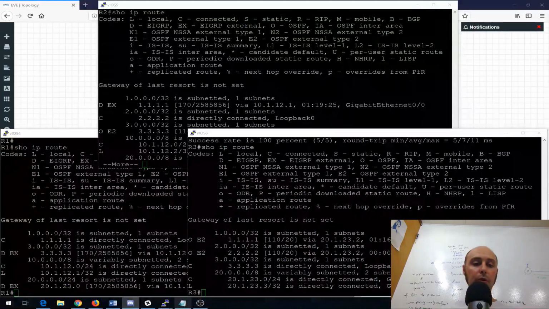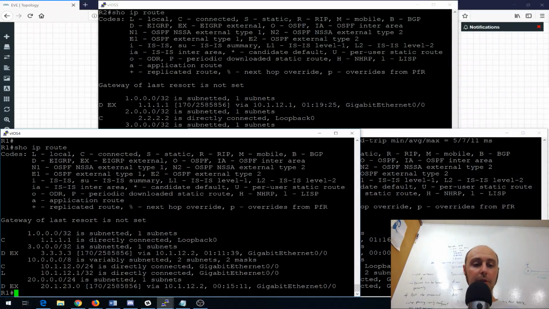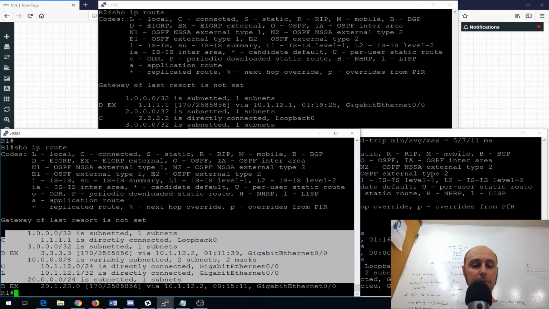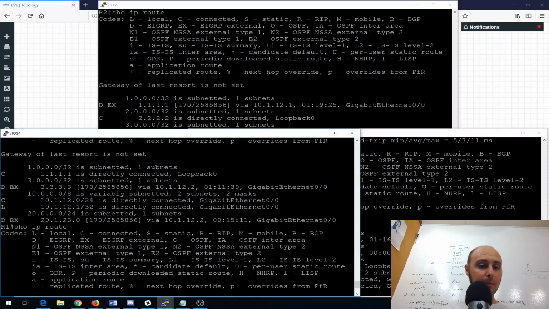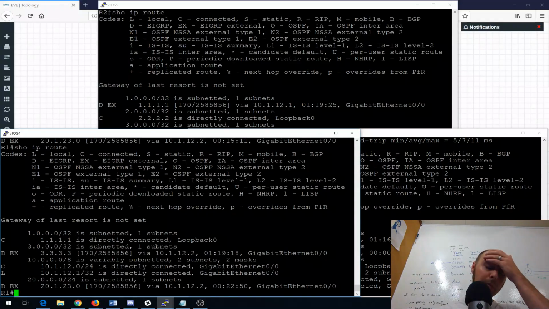So if I come over on router 1, let's check to see what changed. Here is the existing routing table. I'm going to up arrow just to see what changes. Nothing changes. The routing domain of EIGRP is not affected.